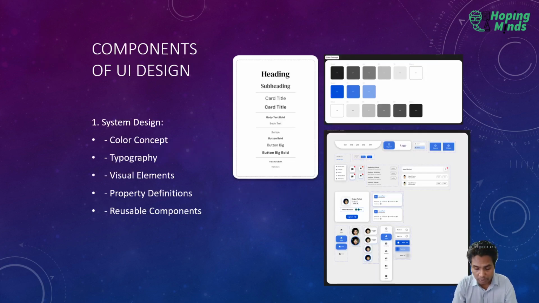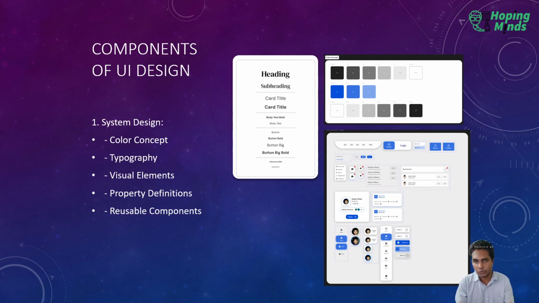First, you have to design the components, reusable components, because you would not want to design a similar component each time you go on to a different page. So my philosophy is to design this system, design components first, and then go on to the UI design.